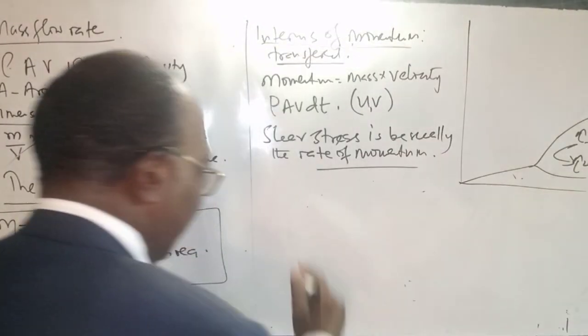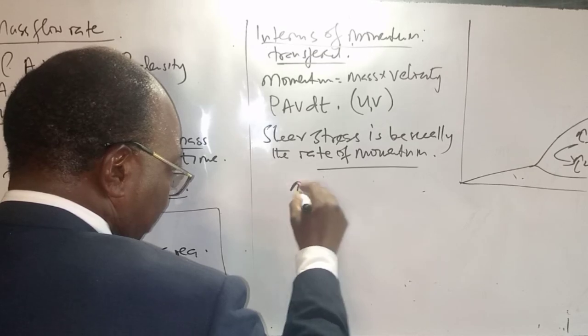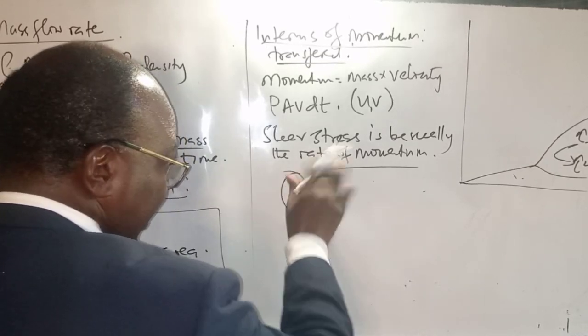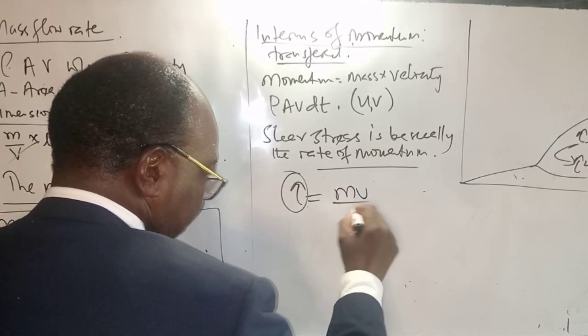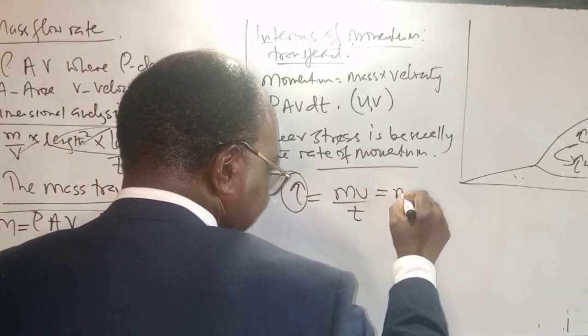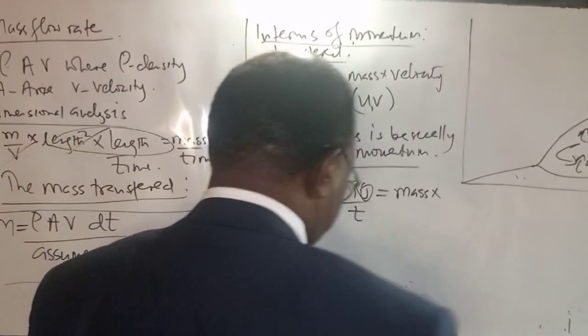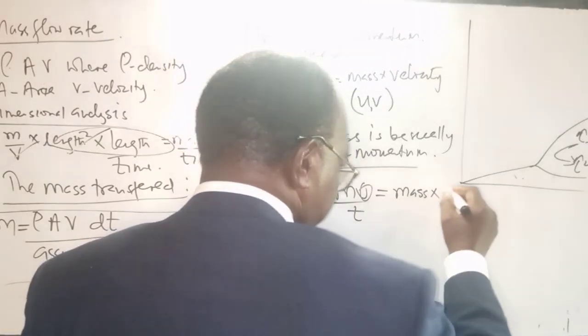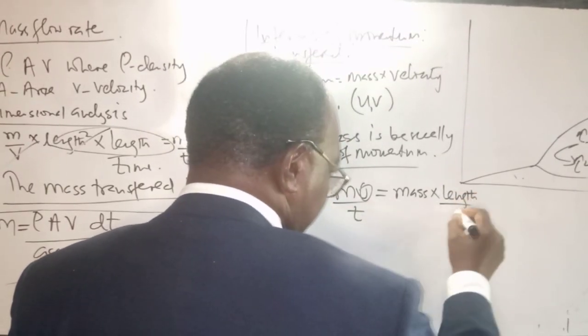Let us look at that. Momentum, we just said that. So the tau, we are saying, is related to the rate of momentum, which will be mv over time. And so what is that? That is mass times velocity, which is length, distance, over time squared.